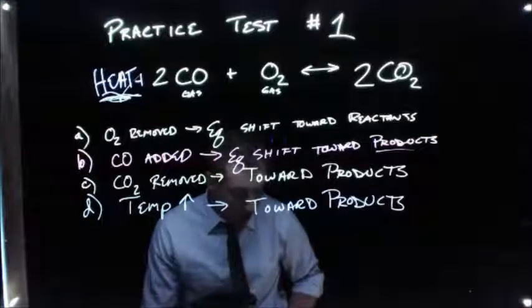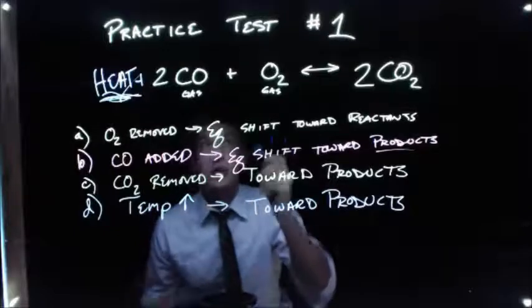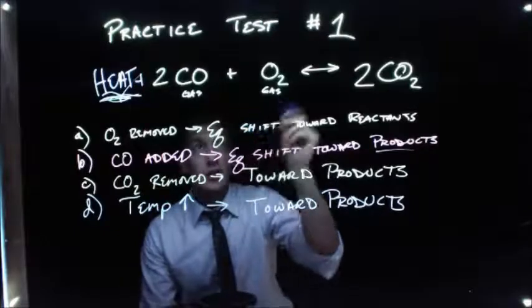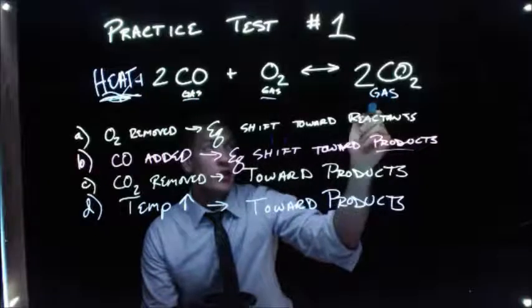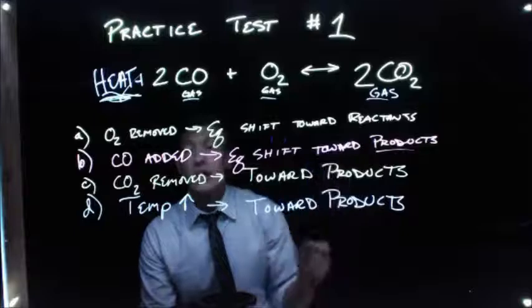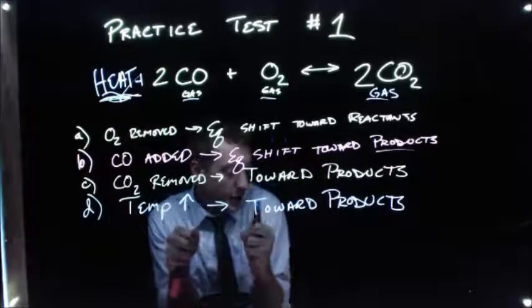E, which way will the equilibrium shift if the pressure is decreased? So pressure will affect gases, and all 3 species here are gases. And so if we increase the pressure, it's going to force the system to try and take up less space.